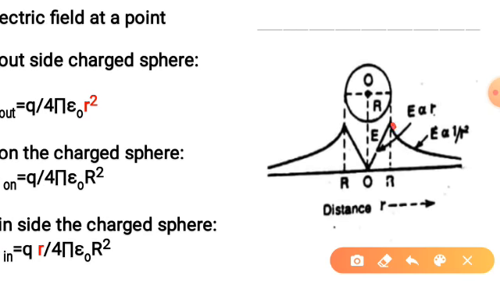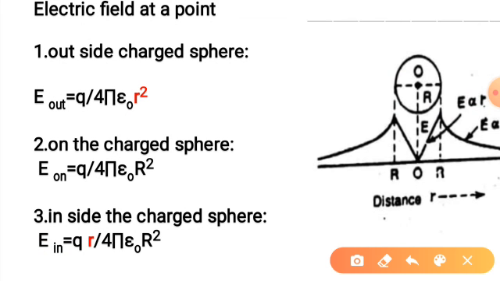This belongs to the region outside the charged sphere. In the case of outside the charged sphere, E is proportional to 1 by r squared. On the charged sphere, E is 1 by 4π epsilon naught q by r squared, which is the maximum value.